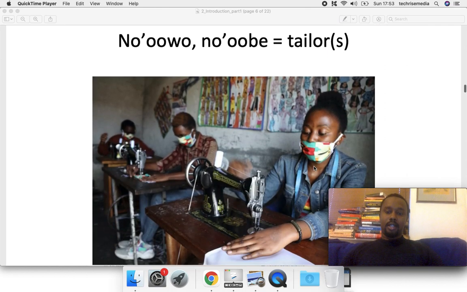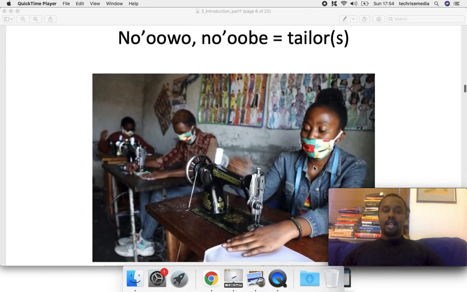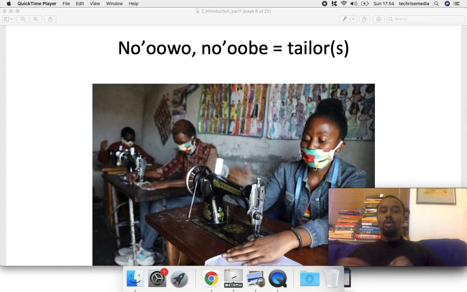Now this is a noun, nuowo or nuobe, right? I always find it difficult pronouncing this one. So these are tailors, right? So nuawa, someone who's a tailor, or nuabe, right? Now again, in Guinea, there are a lot of people who do this profession.